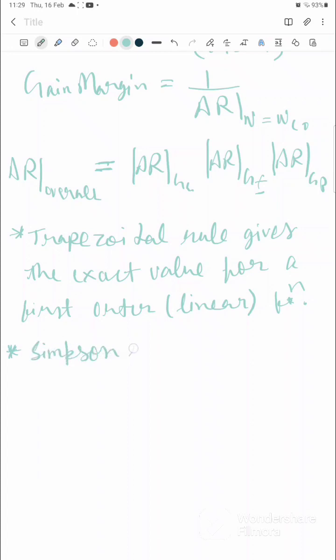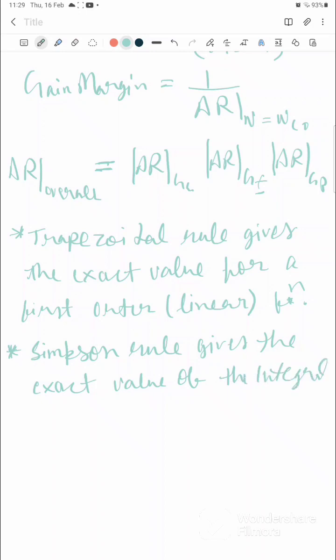Simpson's rule gives the exact value of the integral for a third order polynomial.